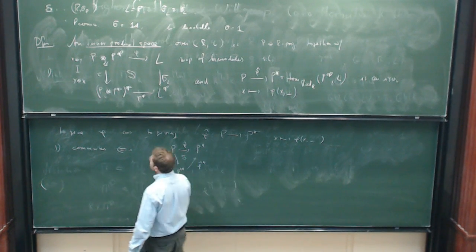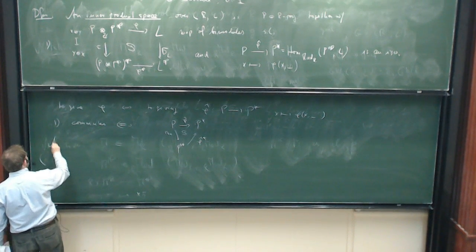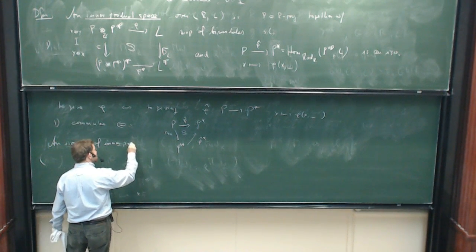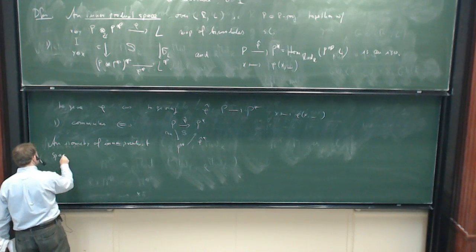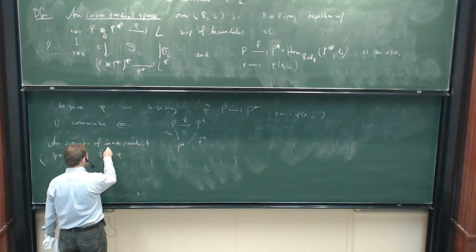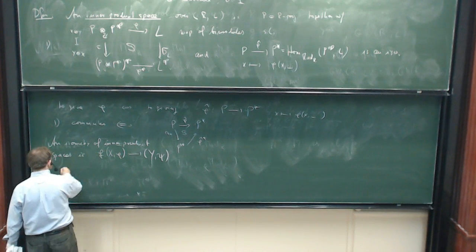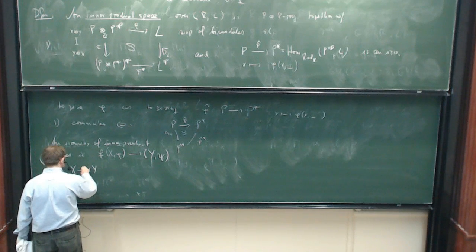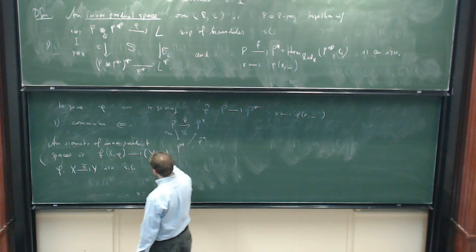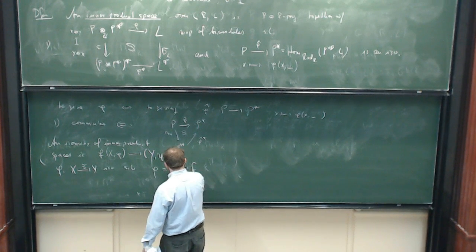Okay, so now an isometry of inner product spaces. From (X, phi) to (Y, psi), an isometry is an isomorphism f from X to Y such that the form psi restricts along f, such that phi is psi composed with f and its dual.